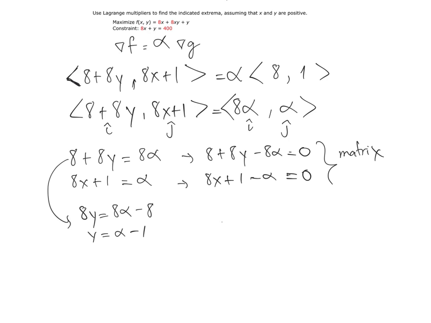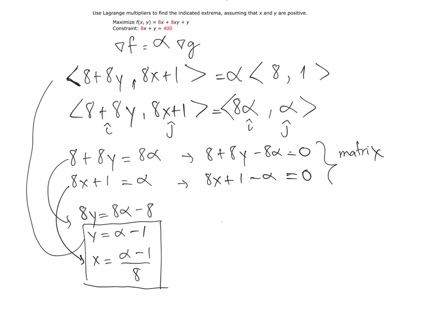Alright, so now I'm going to solve for x. X equals alpha minus 1 over 8. So now you have these two equations. You can plug these two back into the constraint equation right here to solve for your alpha.